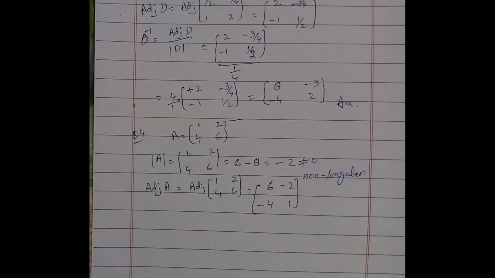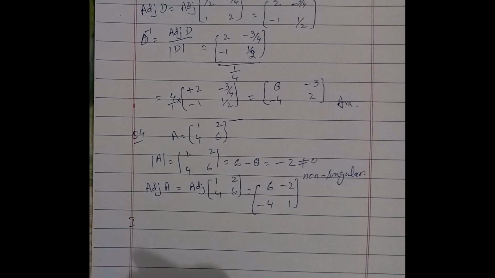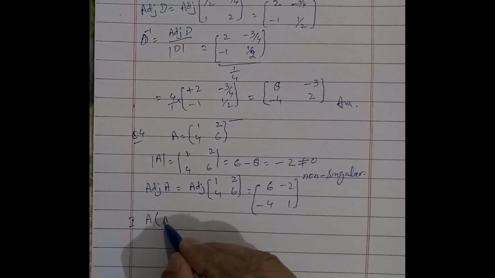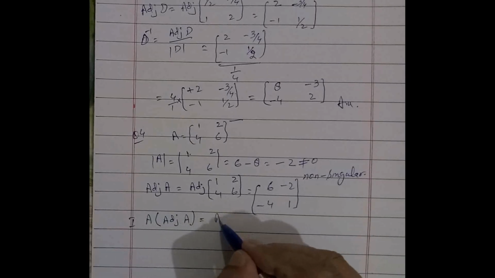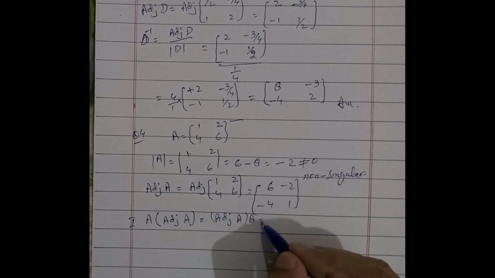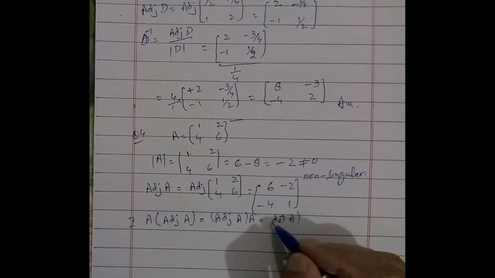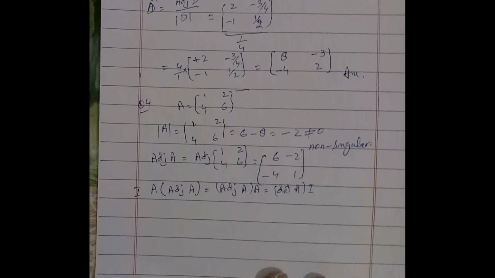This is the adjoint of A. And the first part which we want to find is A into adjoint A is equal to adjoint A into A is equal to determinant A into I, identity matrix. Now we solve these one by one.